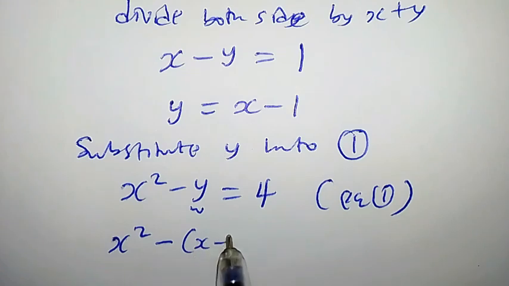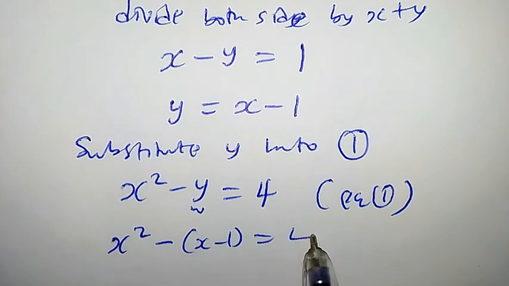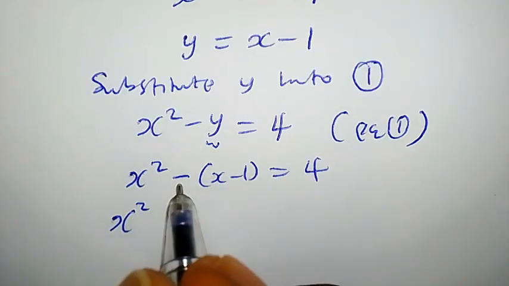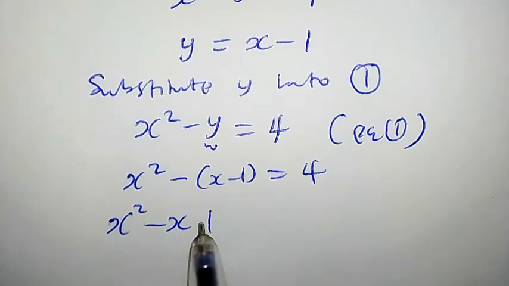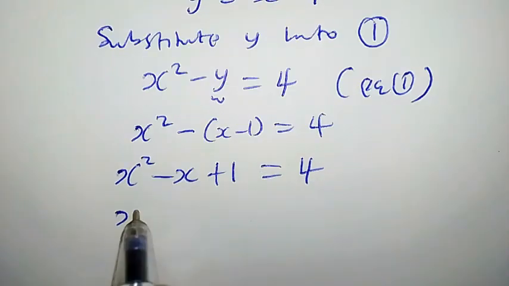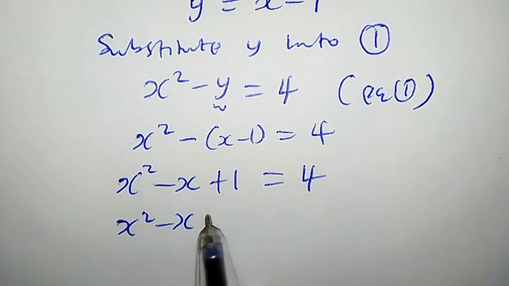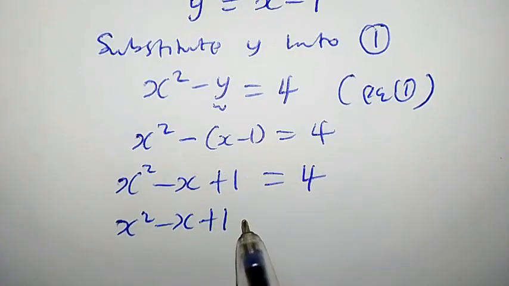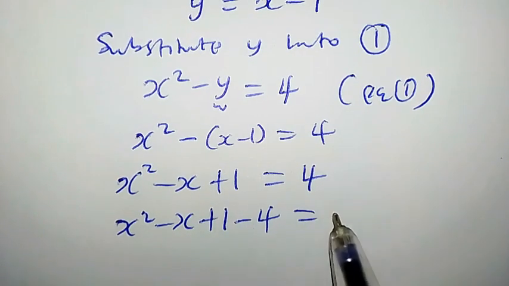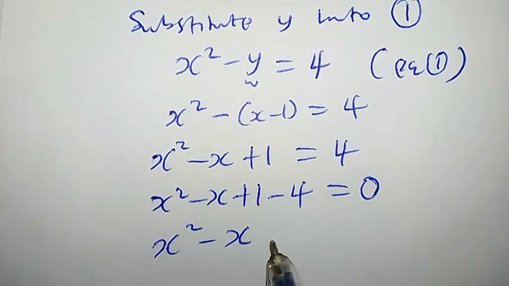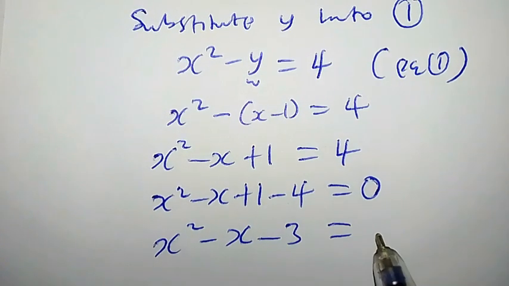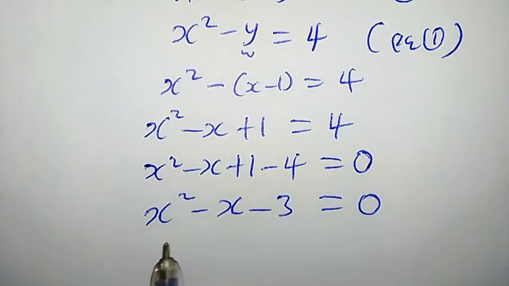So we have x squared minus (x minus 1) equal to 4. x squared minus times x, that is negative x, minus times minus 1, that is plus 1, equal to 4. x squared minus x plus 1. When this guy comes to the left side, we have minus 4 equal to 0. x squared minus x, 1 minus 4, that is negative 3, is equal to 0.